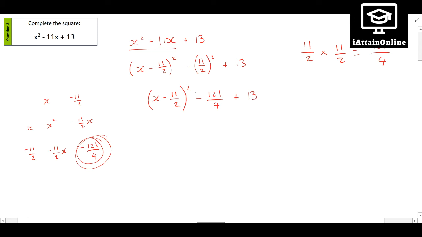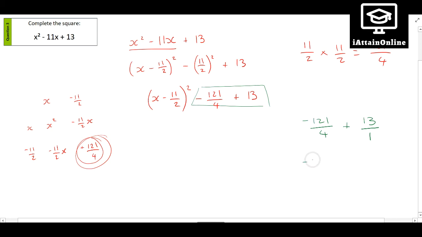Now, to tidy this up at the end, remember when you are adding or subtracting fractions, the denominators must be the same. So I'm going to write negative 121 over 4 plus 13. Any whole number can be written as a fraction by writing it over 1, because a fraction is a division we have not yet completed. So 13 divided by 1 gives me 13.